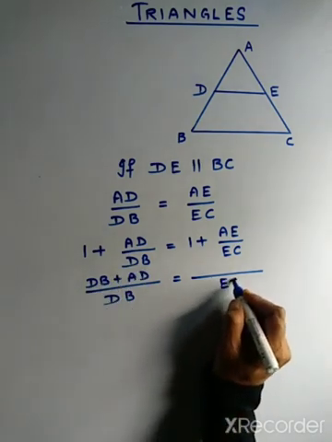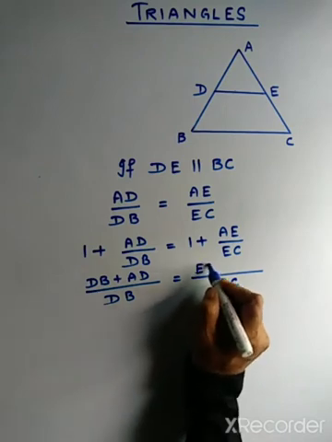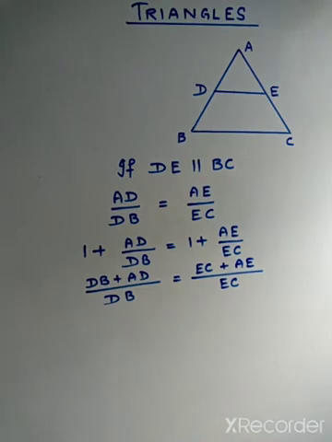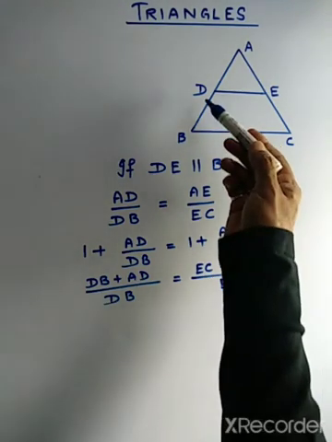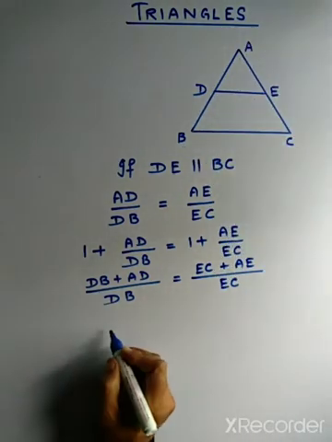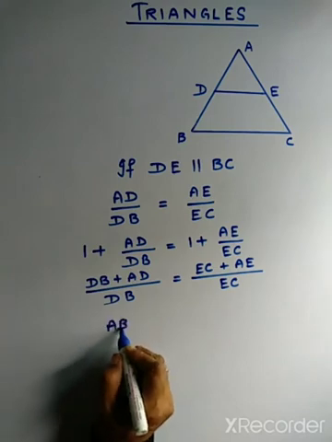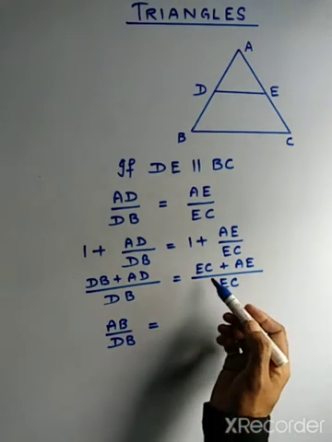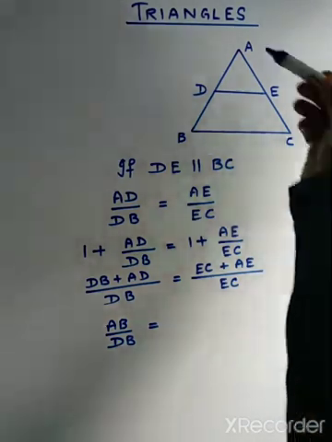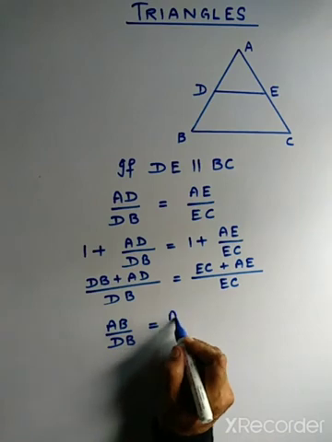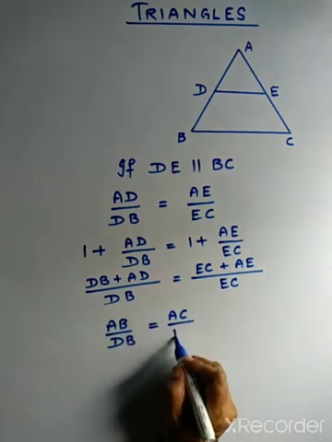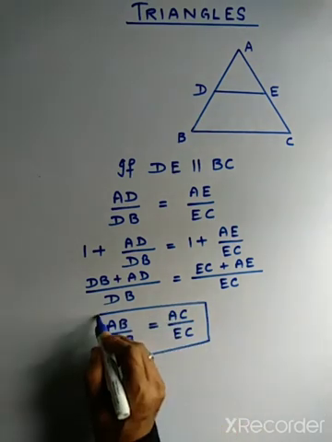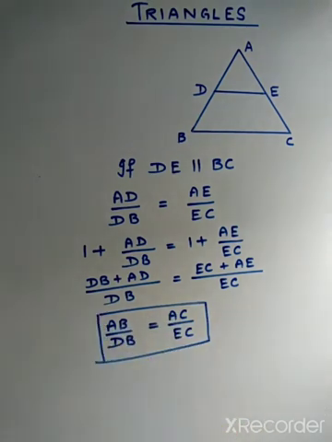Right hand side LCM is EC, so numerator will be EC plus AE. Now DB plus AD, we can write AB upon DB, EC plus AE, that is AC upon EC. So this is another form of basic proportionality theorem.